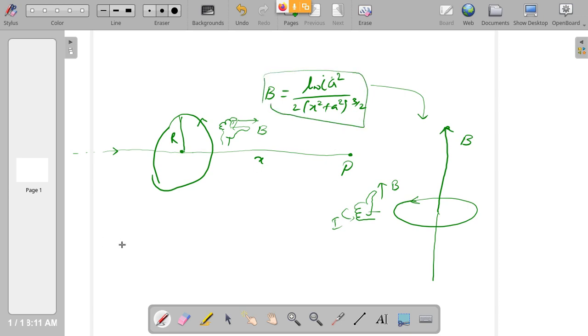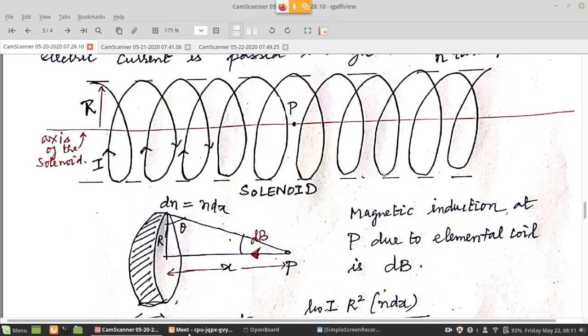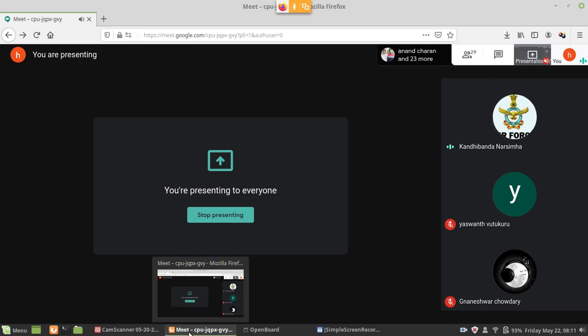How? Because a solenoid is many circular coils put together, right? So what is it? Somebody's mic is on. Whose mic is it? Narsimha.